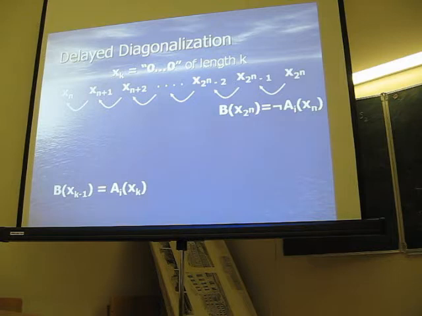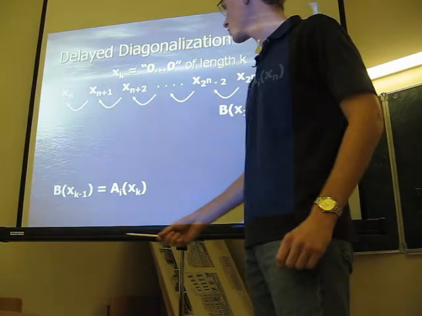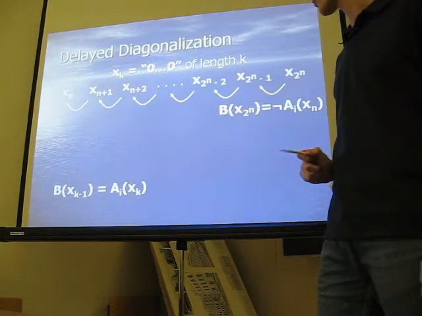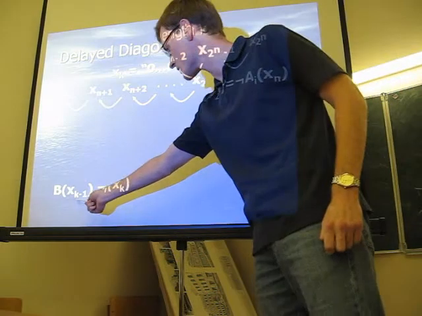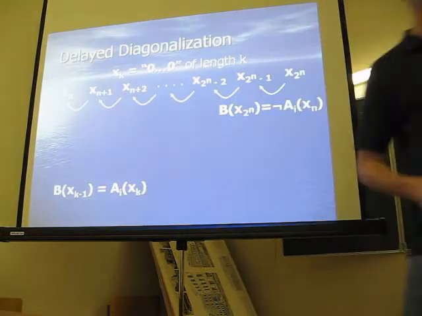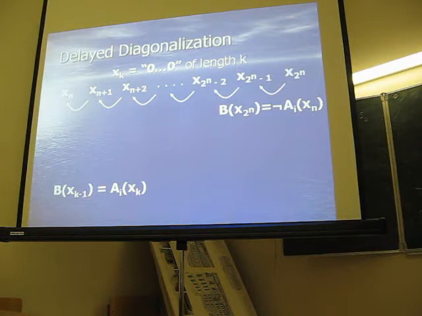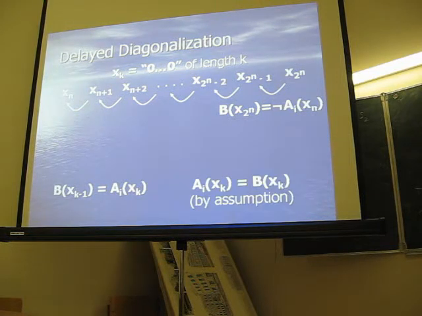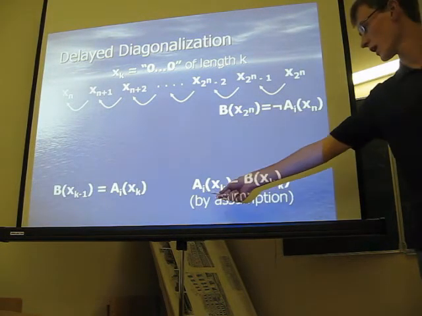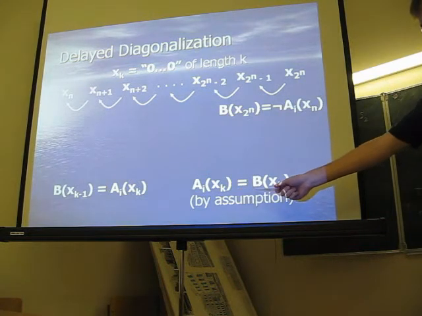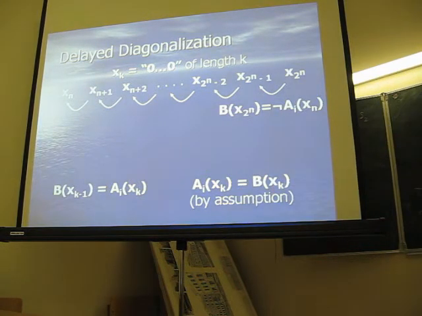Another trick is to define B on other inputs in such a way that on input x_{k-1} it simulates A_i on input x_k. Now, in the beginning of the proof, we may assume that A_i agrees with B everywhere. So we assume that polynomial time doesn't give us the ability to solve any new problems, so some A_i agrees with B. But this means that A_i on input x_k outputs the same answer as B on input x_k.